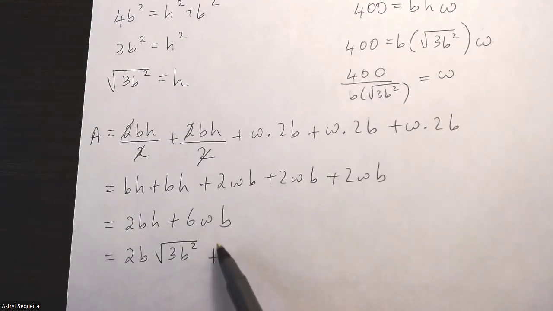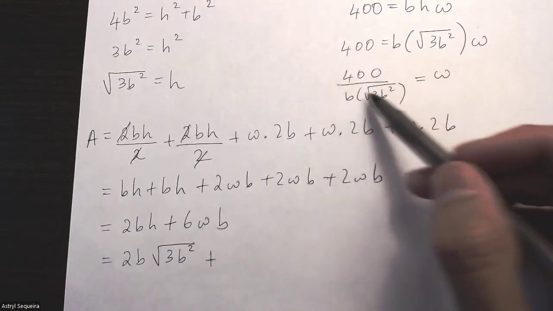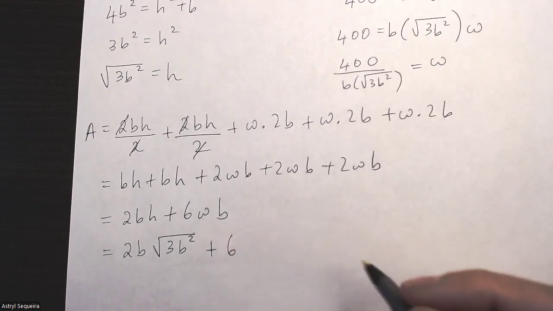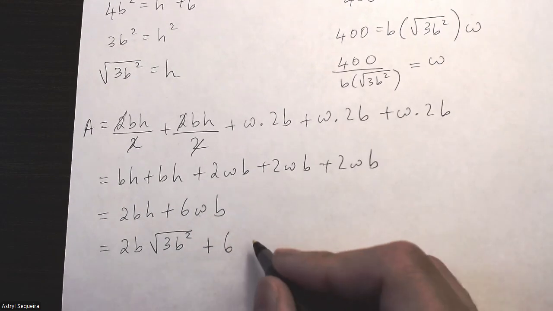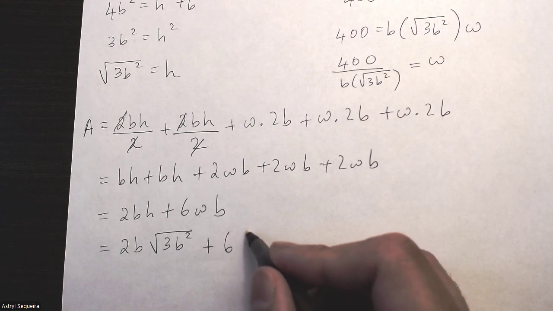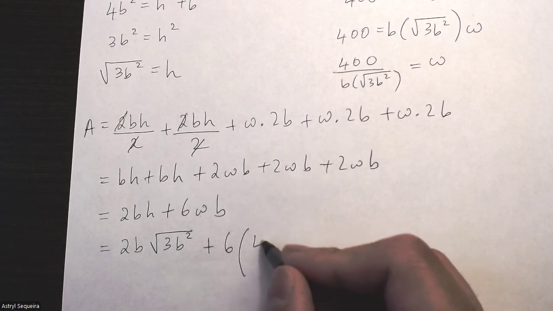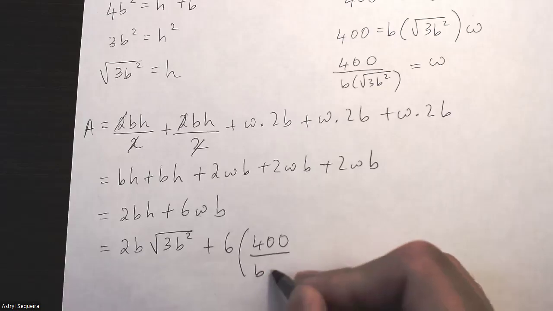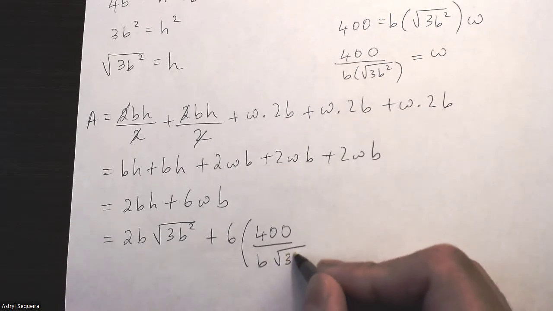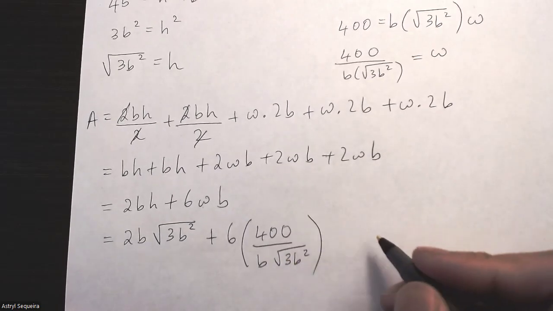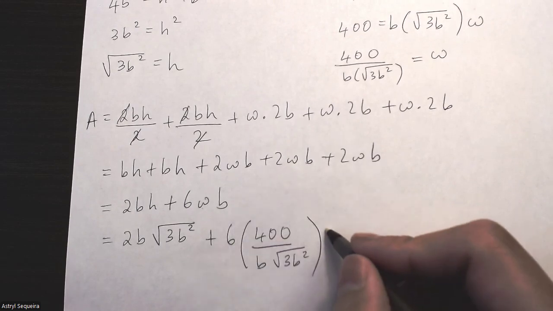And now I can replace the w here with that equation. So plus 6 times 400 over b times the square root of 3b squared, times b.